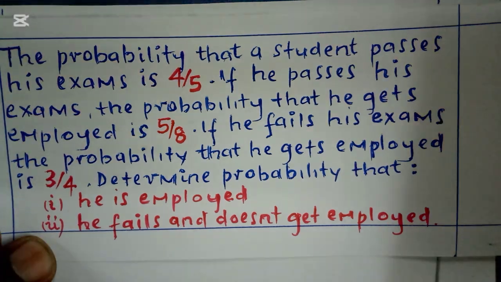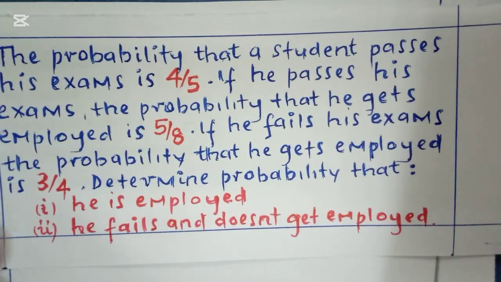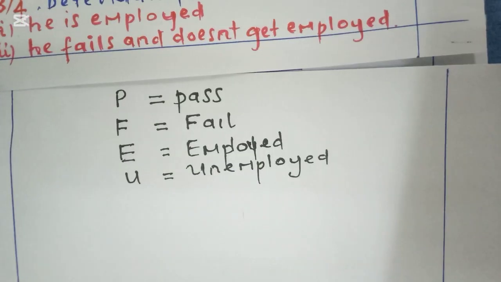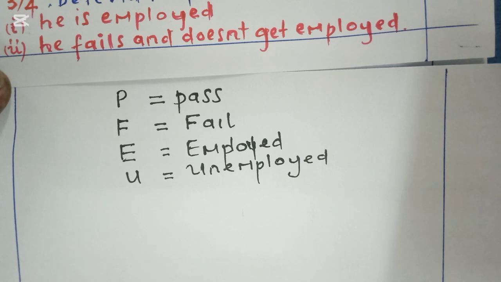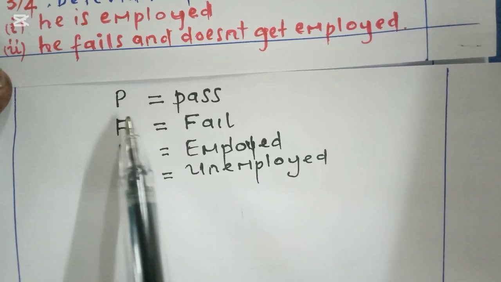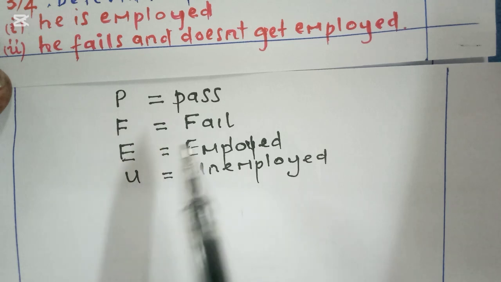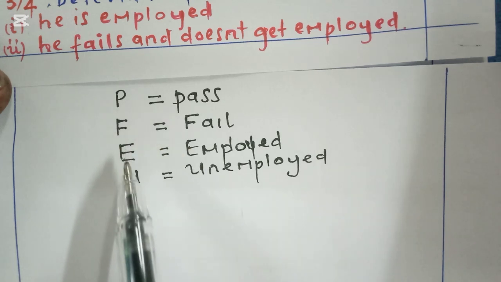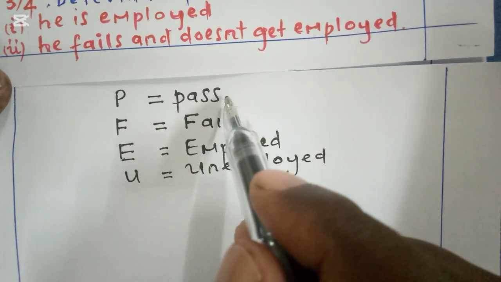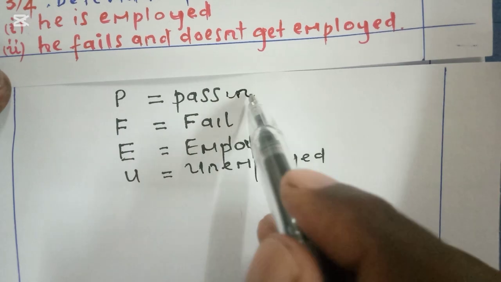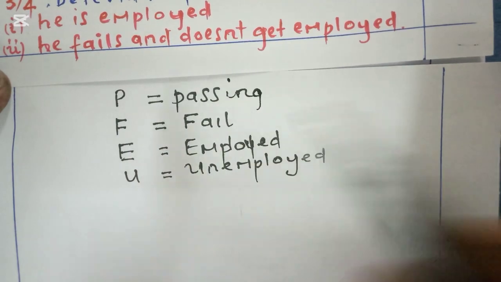So guys, we do this question. And I had prepared something here before, and this is what I have. We are going to represent passing with P, that is passing exams.